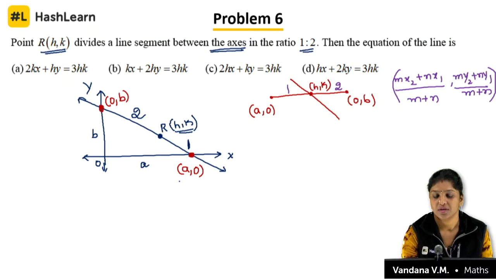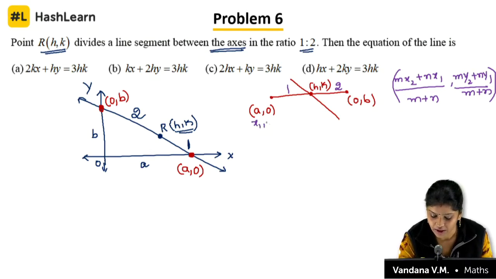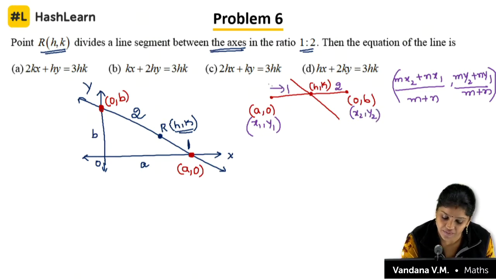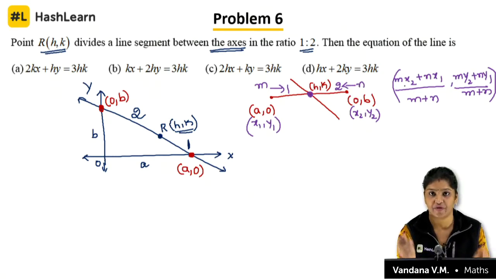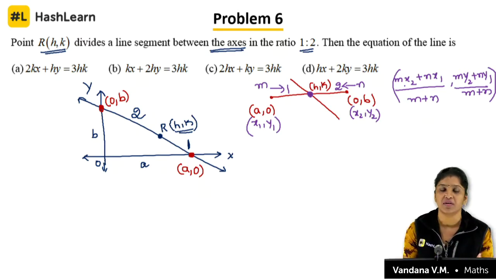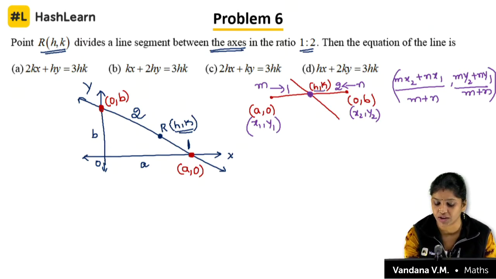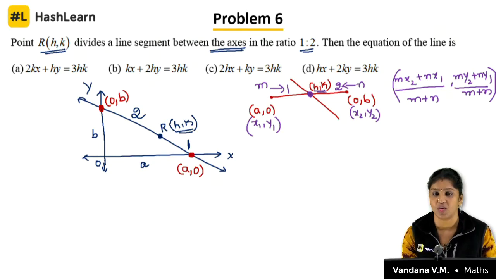Take this as x1 comma y1, take this as x2 comma y2, so this becomes m, this becomes n. All the time, to find that point, that is the formula. But here they gave the point already. What is that point? h comma k, they already gave.